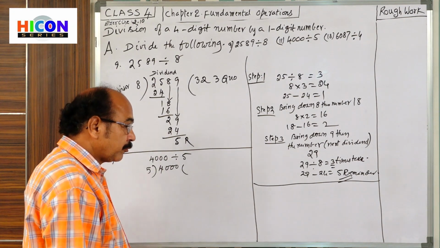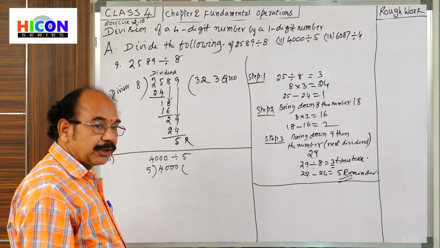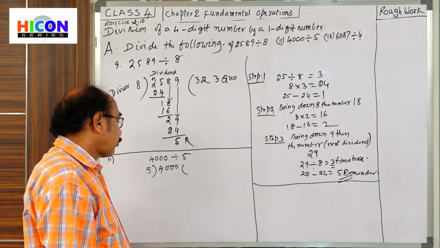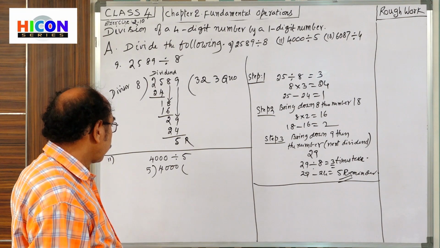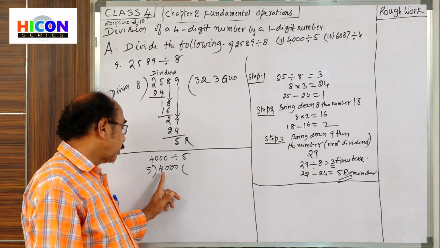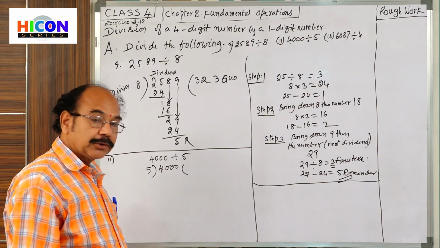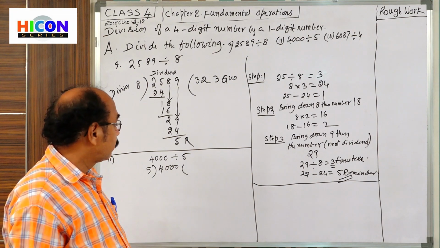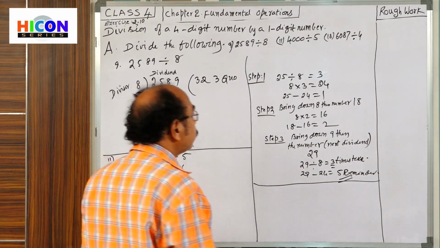Okay, see, here 4 is less than 5. That's why you take two numbers, that means take 40, thousands and hundreds together. That means 40, in step 1.